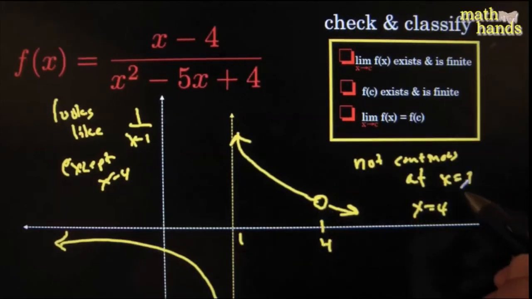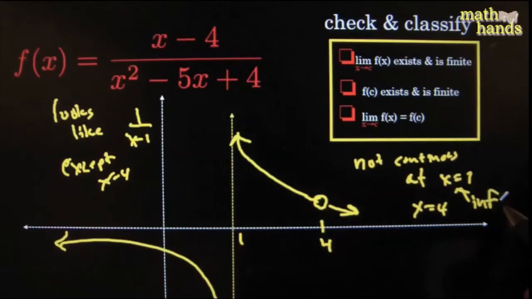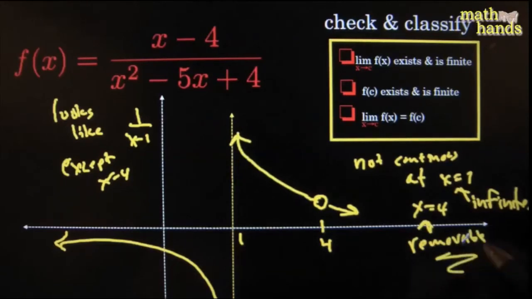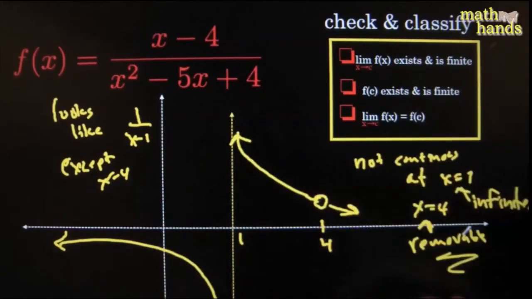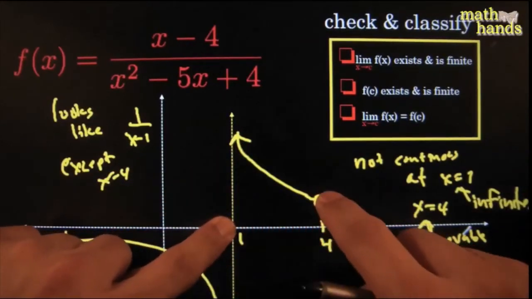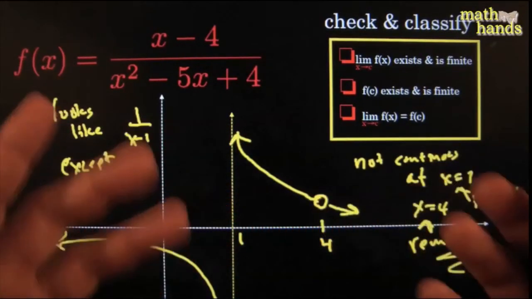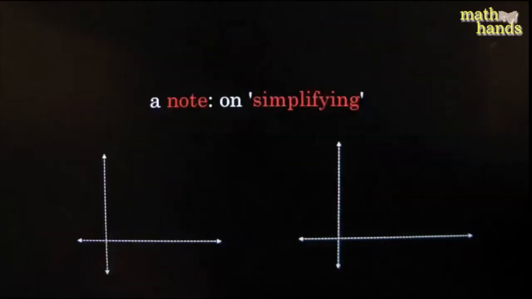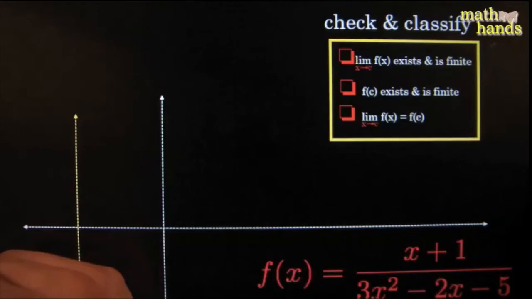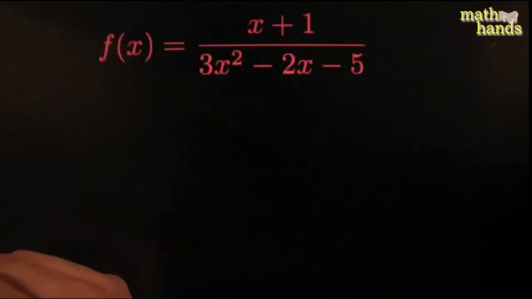It's no longer f. Now it's a different version of f, because f has holes in its graph. But the minute you cancel that, you no longer have f. You have one that has no holes at that point, at x equals 1. In essence, what you're doing when you do this is you're removing the removable discontinuity. You're filling in the hole that it had there. So that's why you should be cautious.